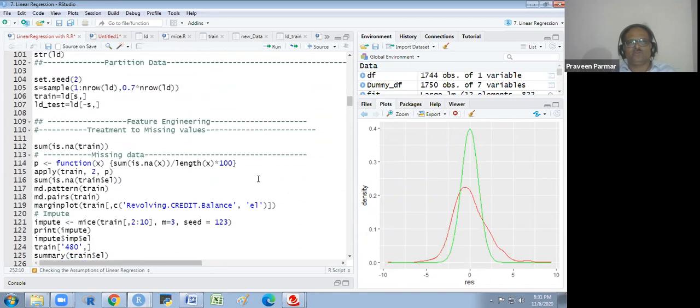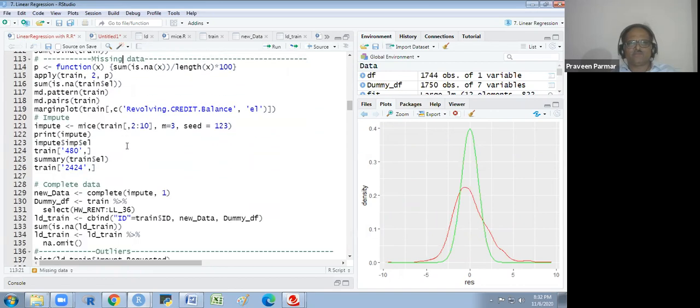At this moment, we should be very careful. After partition, what have we done? We have filled the missing values, and that missing value was filled with this 3.